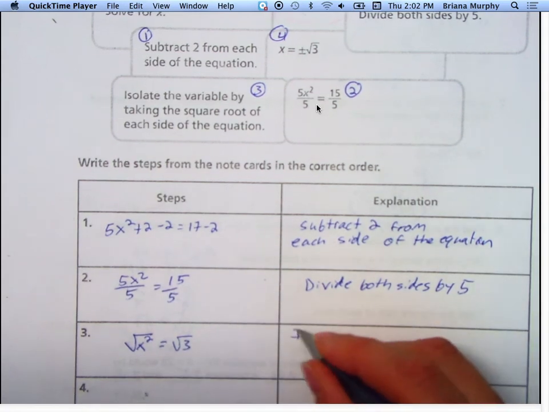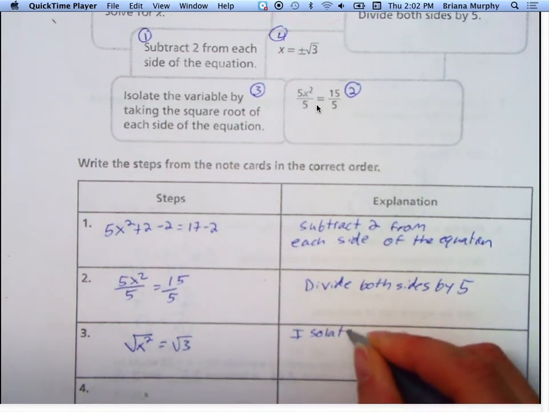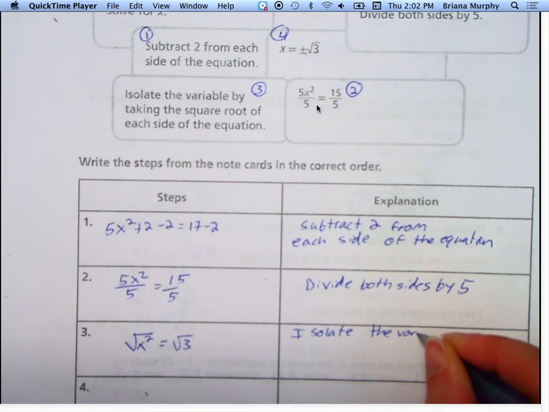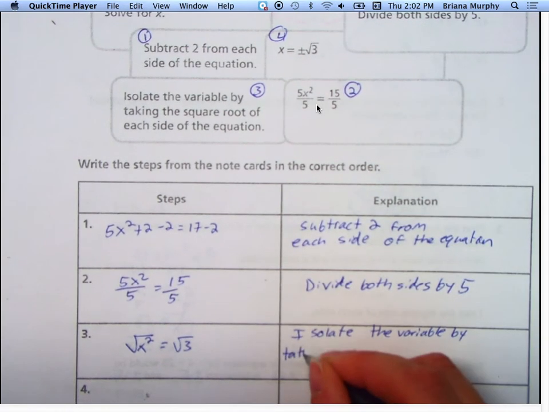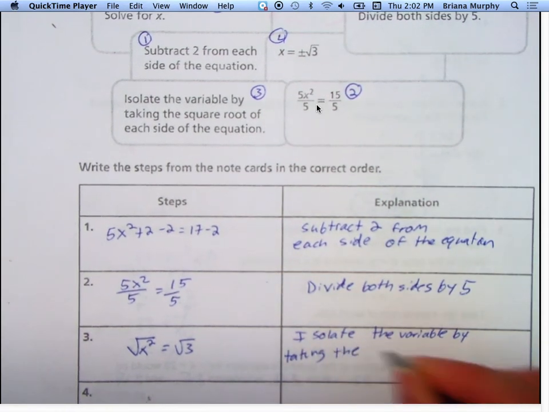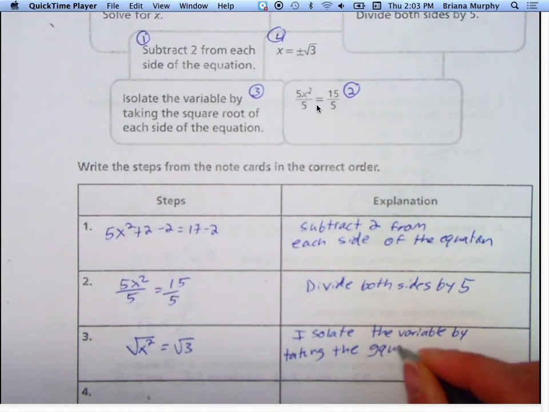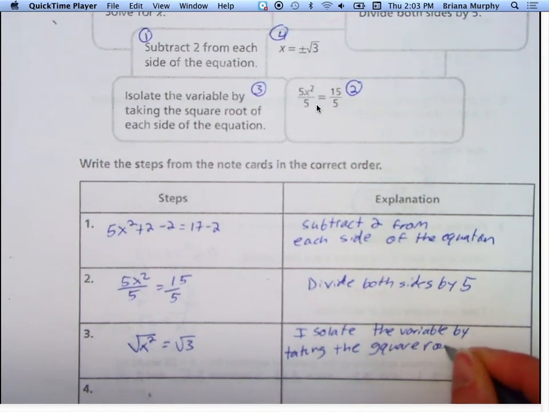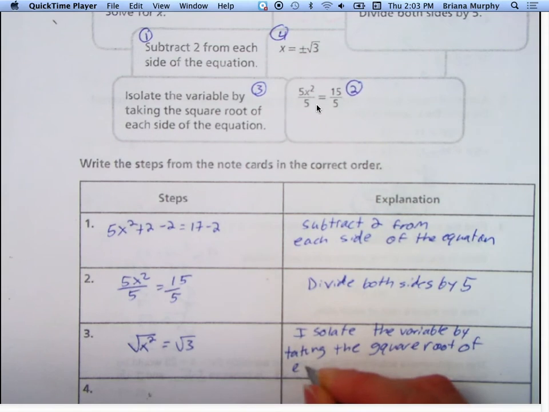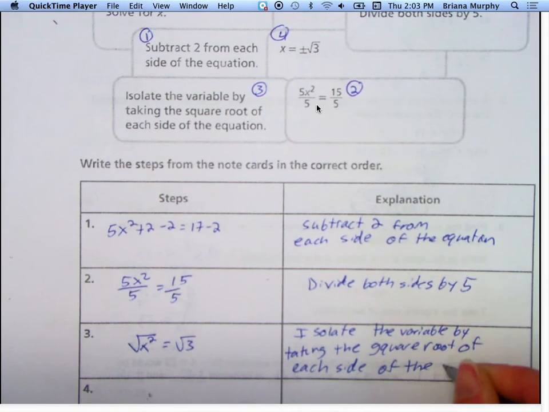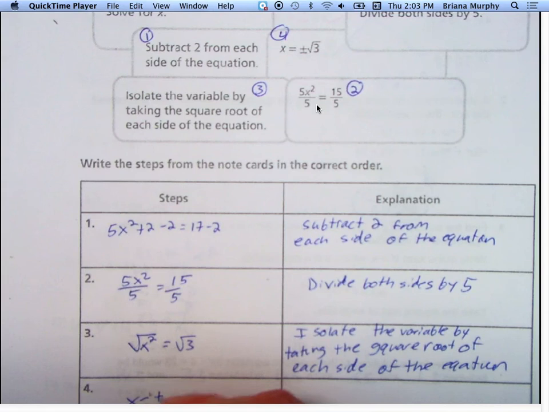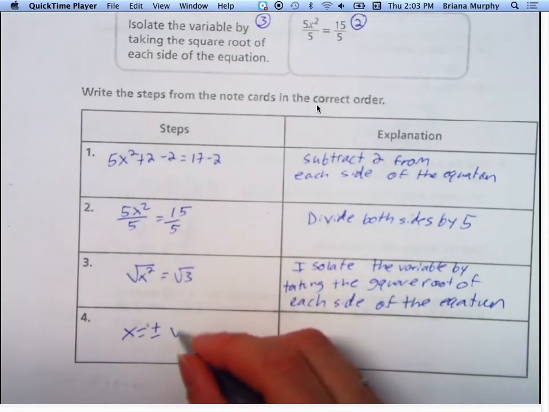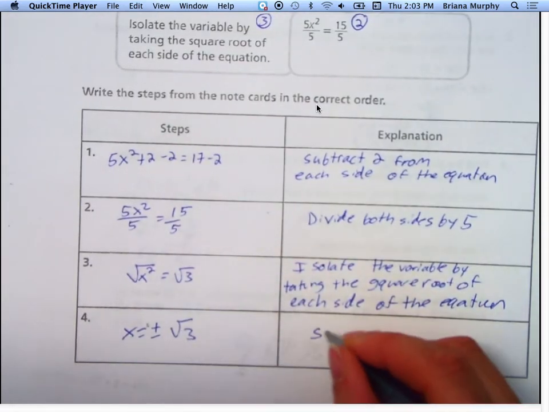And I have isolate the variable by taking the square root of each side of the equation. And finally, I have x equals plus or minus the square root of 3, and it's solve for x.